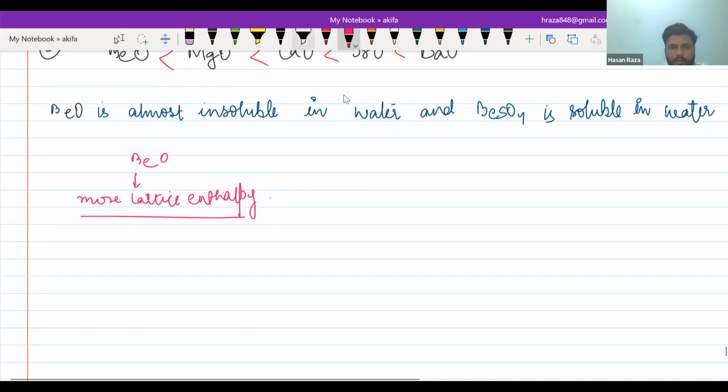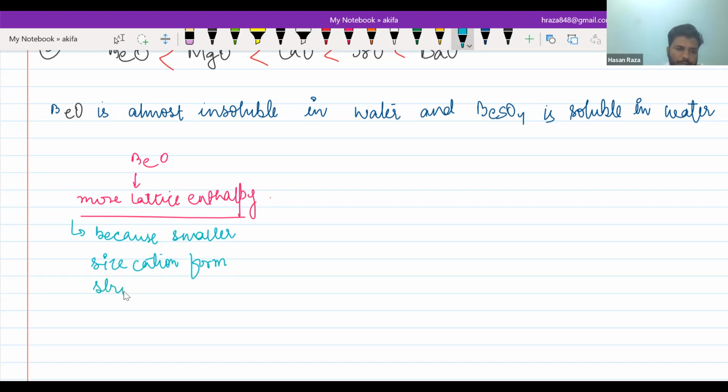So I'm going to write why it has more lattice enthalpy: because of a smaller size, the cation forms a stronger bond with a smaller anion.